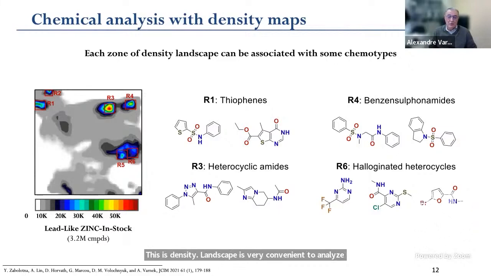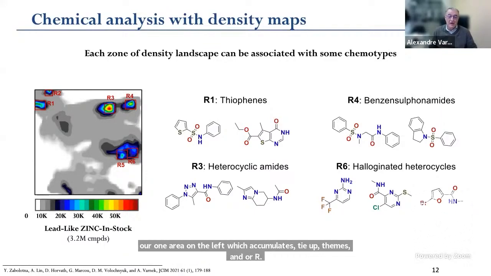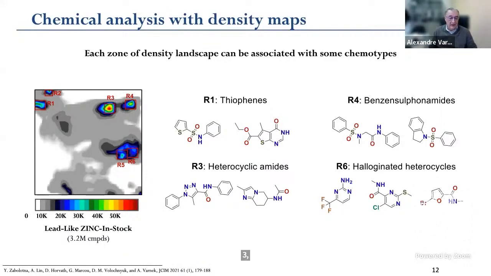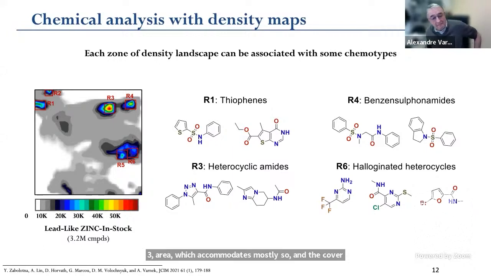So you have, for example, the R1 area on the left, which accumulates thiophene, and the R3 area, which accommodates mostly heterocyclic amides. And the color code here characterizes the data density. So red areas correspond to highly populated areas in the chemical space.